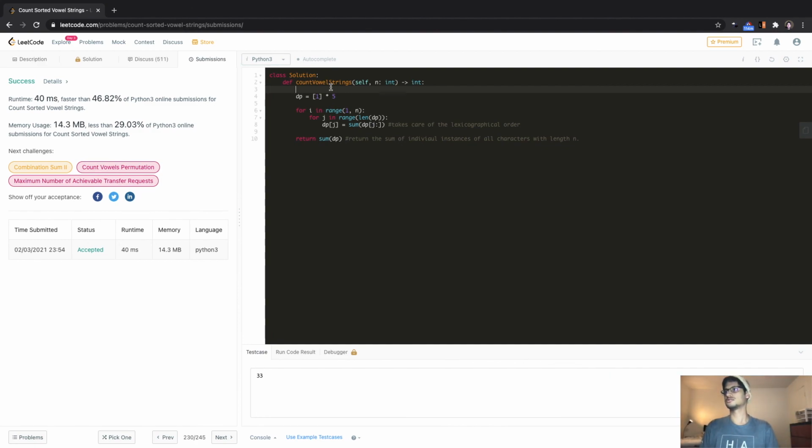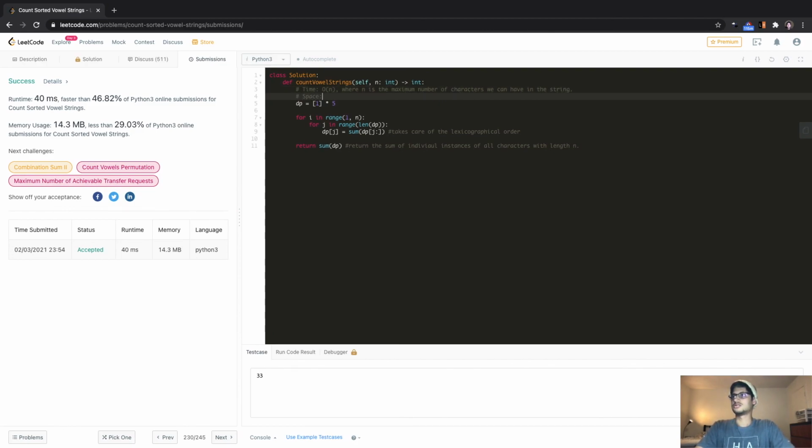It was probably because this was a very simple question. In terms of the time complexity, it's O of n, where n is the length, the number of characters we can have in the string, and space is O of 1.